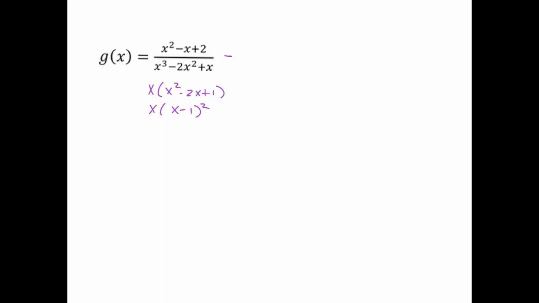So that means this can be expressed as, don't forget we have a repeated linear factor, the x minus 1 squared. So that's why you need to remember it's going to be a over x plus b over x minus 1 and then c over x minus 1 squared.